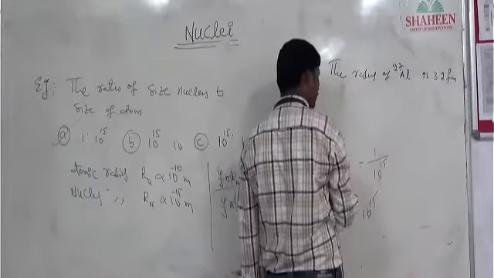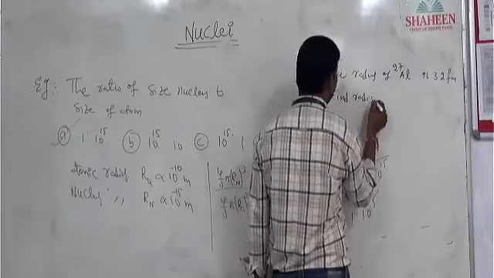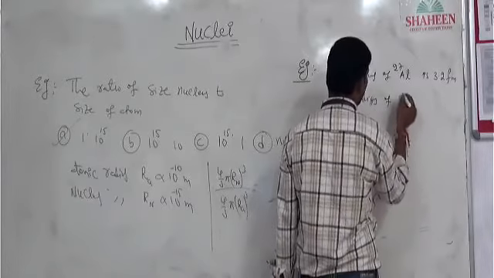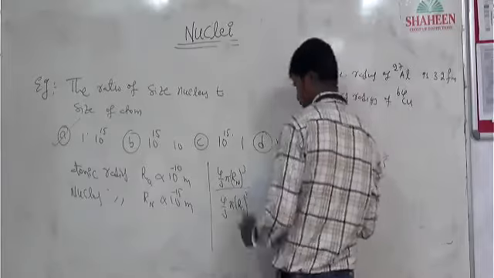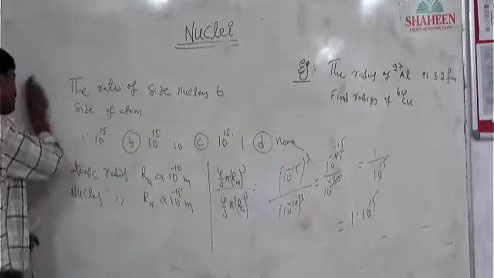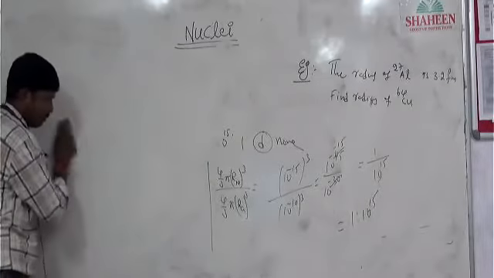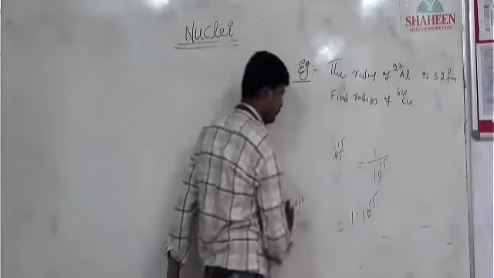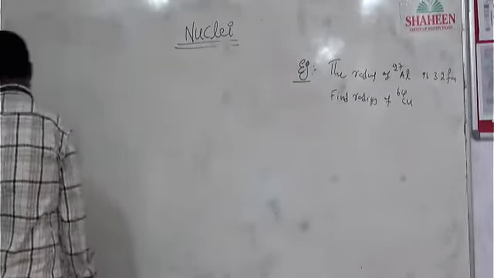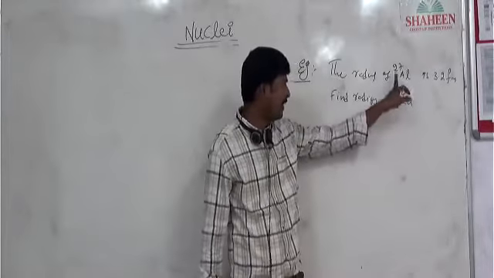Find the radius of copper 64. Simple question only. Radius of the aluminum is given, and the radius of the nucleus of copper we need to find out. Radius of aluminum they gave, radius of copper we need to find.